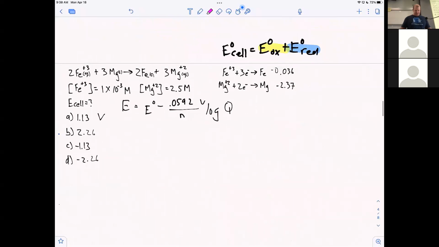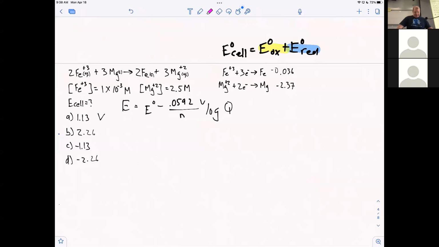So let's see if you can solve this problem. We have a different battery. Iron +3 aqueous plus magnesium solid makes 2 irons +3 magnesiums... The iron concentration is 0.001 molar, and the magnesium ion concentration is 2.5 molar.